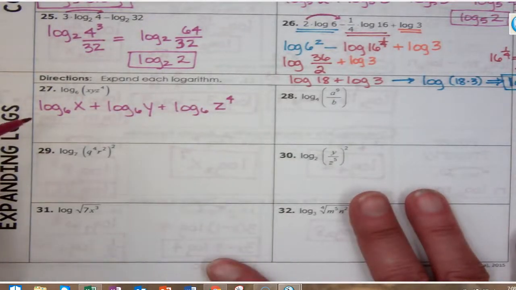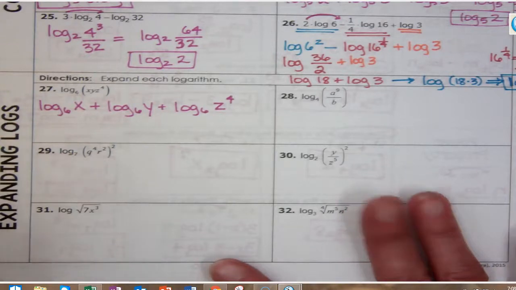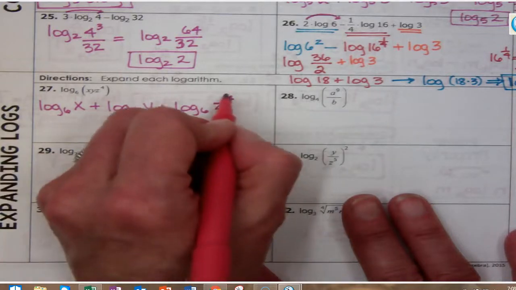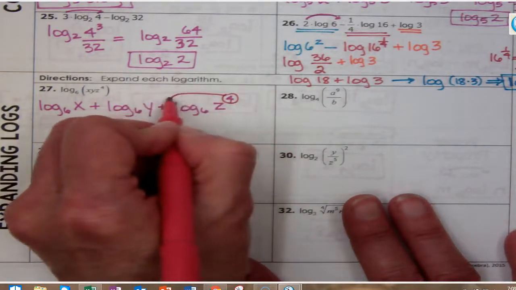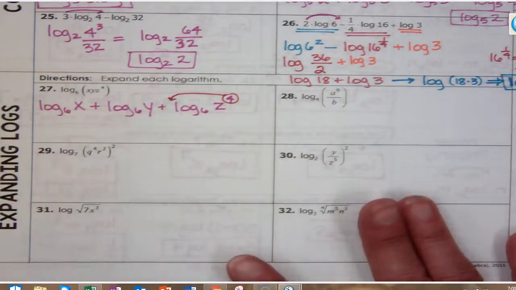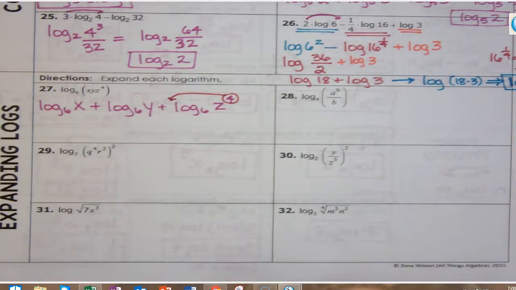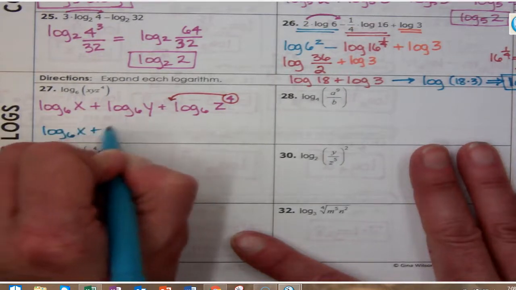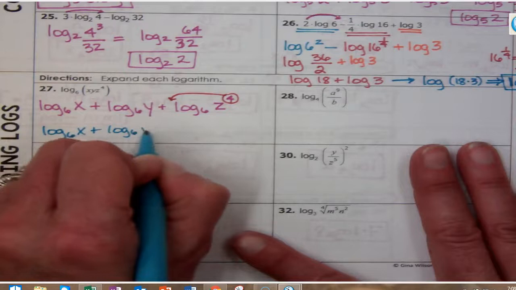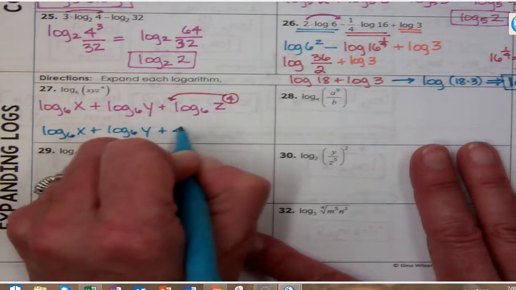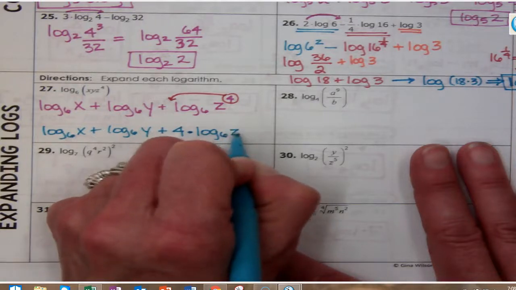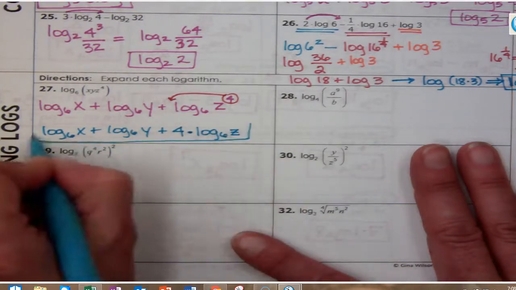This is all fine and good, but it's not completely expanded. I need to move this 4 in front to make sure that it is 100% completely expanded. So the final answer should be log base 6 x plus log base 6 y plus 4 times log base 6 z.